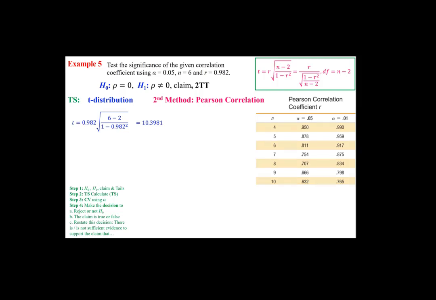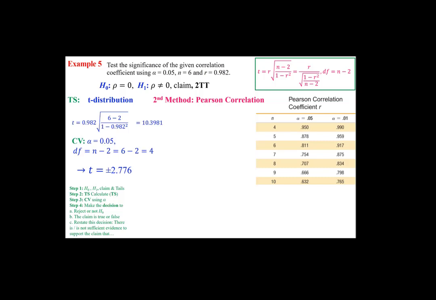Critical value comes from the choice of alpha. Alpha is 0.05. Degrees of freedom is n minus 2, that means 4. And we can find the value of t, which is plus or minus 2.776, from the t table or technology.